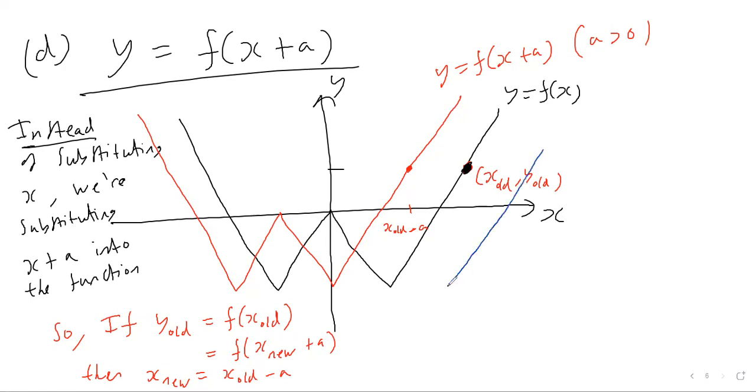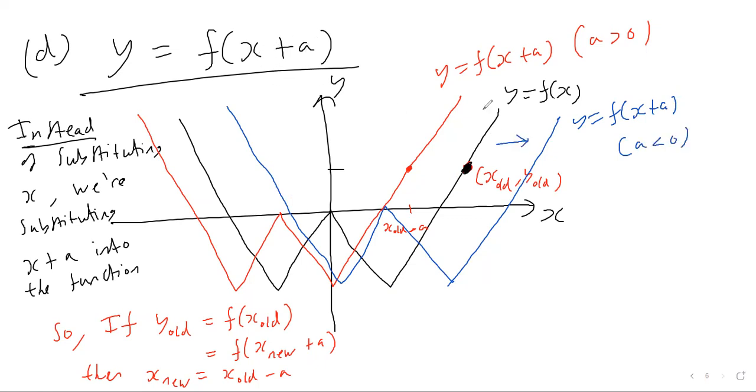Something like this kind of shape here. I know it's getting a bit messy, but this would be y equals f of x plus a for a negative value of a. So if you've got f of x minus a number, you move to the right. If you've got f of x plus a number, you move to the left. That's how it works. Again, it's a bit counterintuitive, but the reason for this is because of this down here.